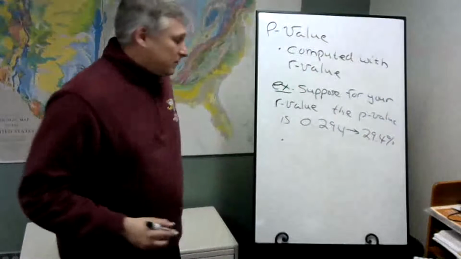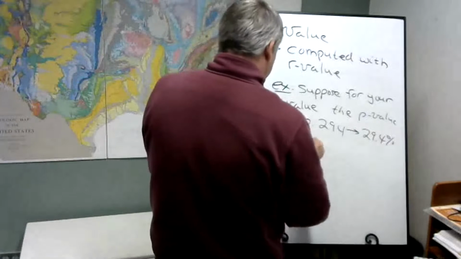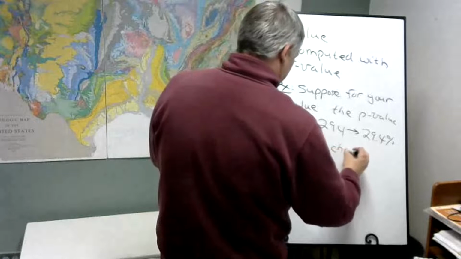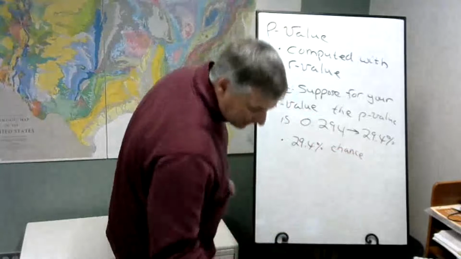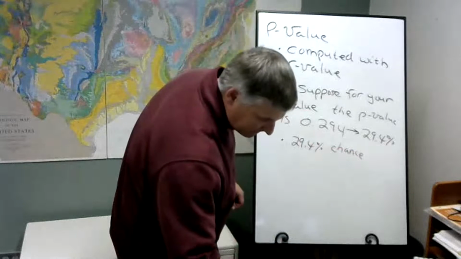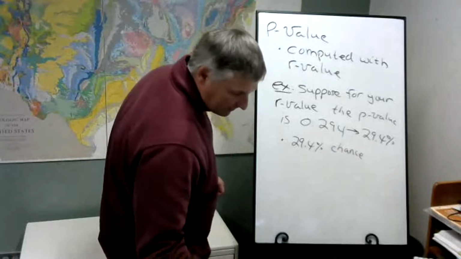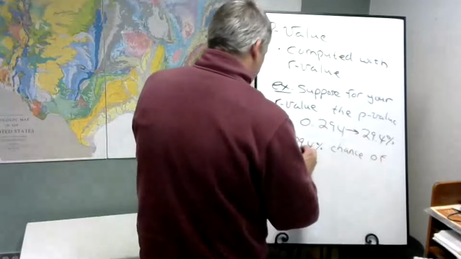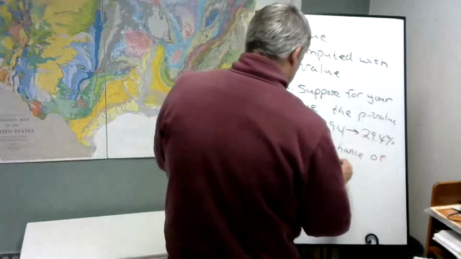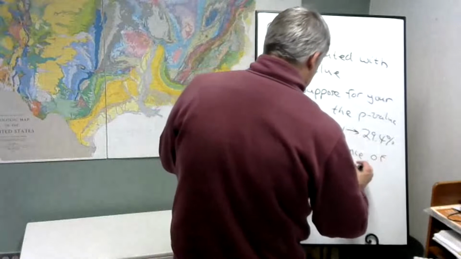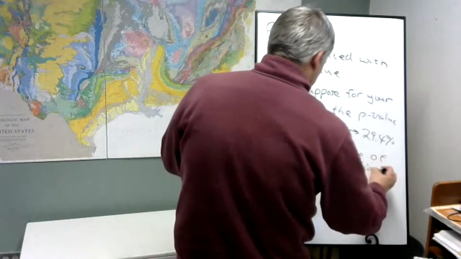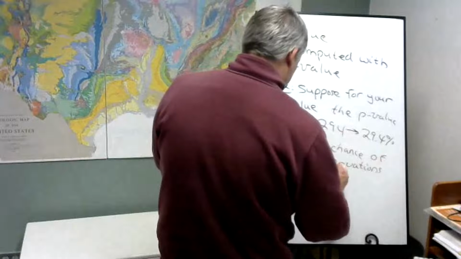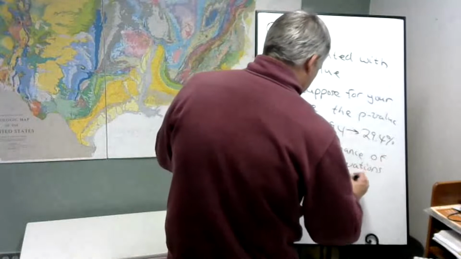So what this p-value will mean, there's a 29.4% chance that the observations occurring by chance.